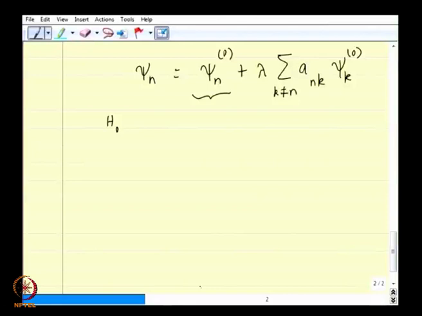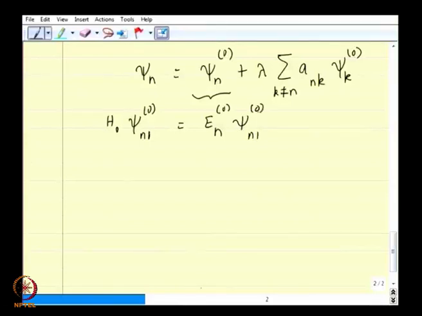So we have H0, so let me use the notation that I am using. We will start with the two wave functions, psi n1 0, with H0 psi n1 0 equal to E n 0 psi n1 0, or n a, whatever it is.